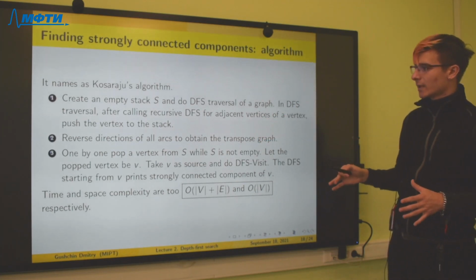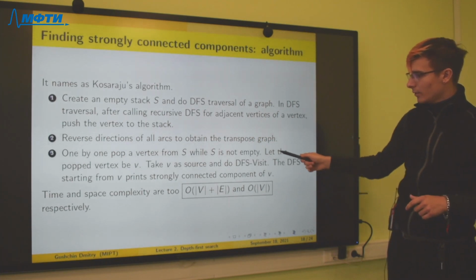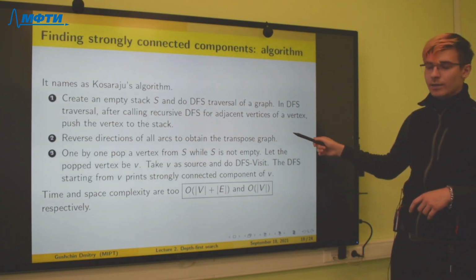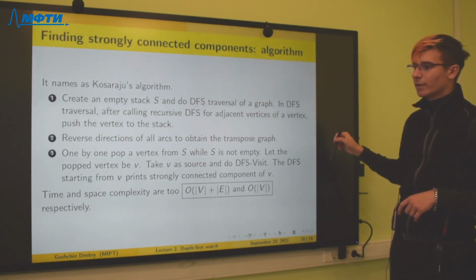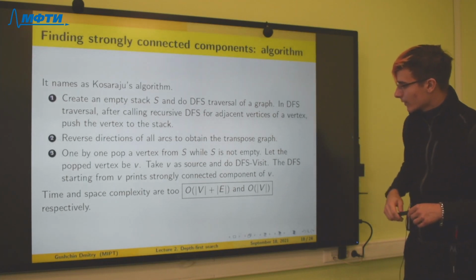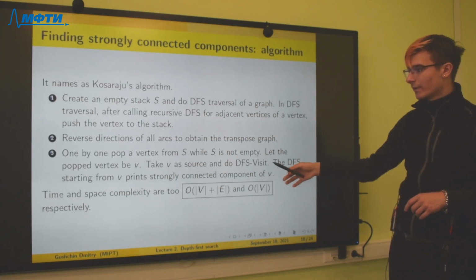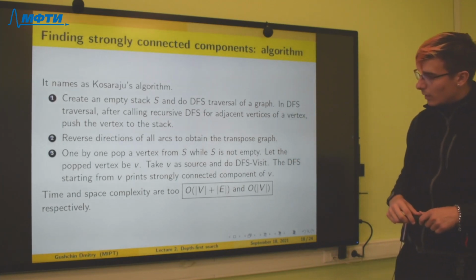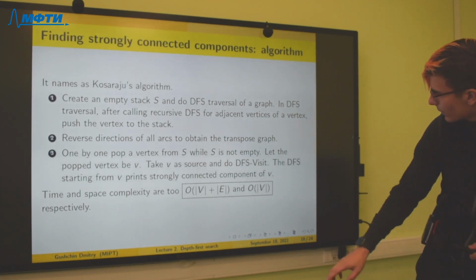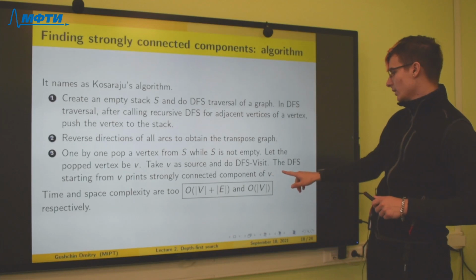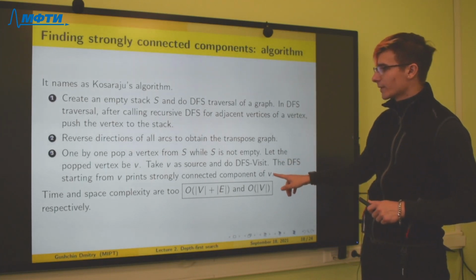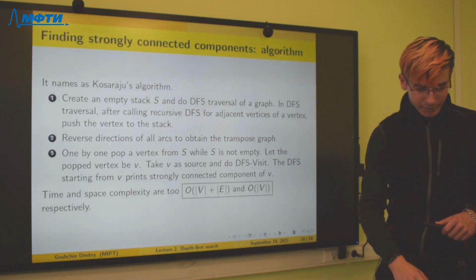All vertices that we can reach in the new graph with reversed edges will be in the strongly connected component of the vertex that we visited last. And then we repeat this algorithm for the vertices that we didn't visit in the DFS.